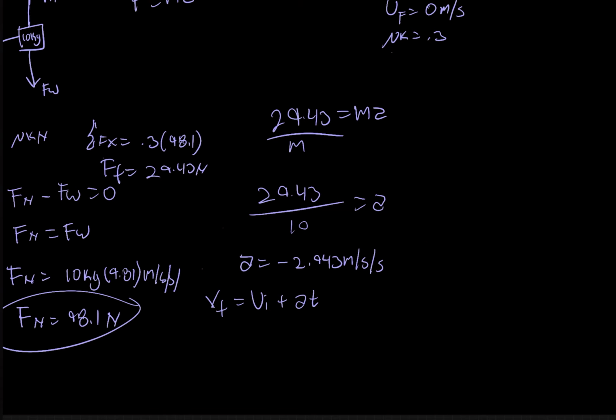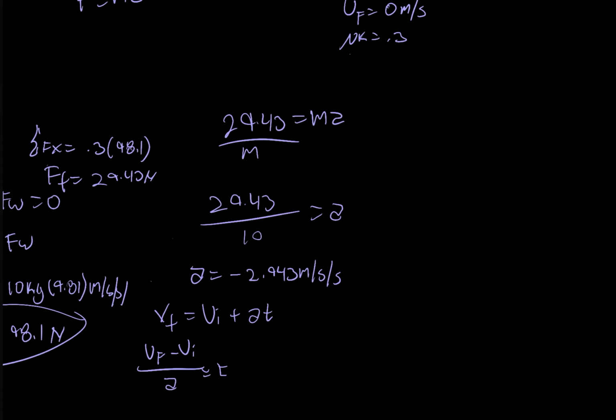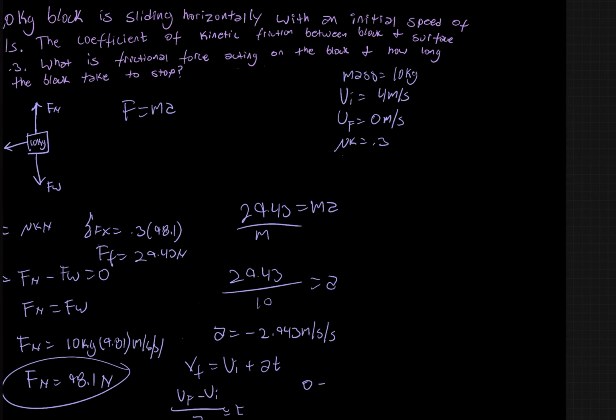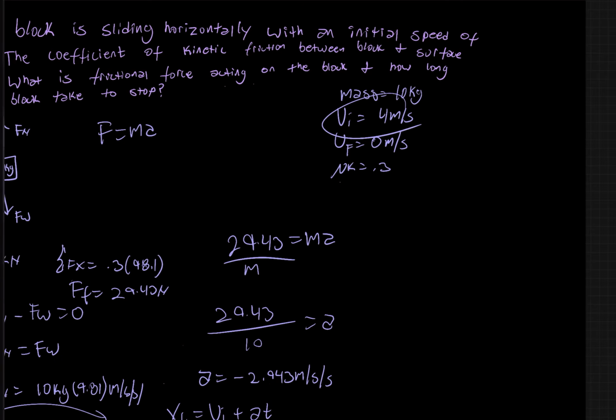And we want to get time by itself, so we'll subtract the initial velocity and then we'll divide by acceleration to find time. So final velocity, because the block comes to a stop, is 0 minus our initial velocity, which was 4.